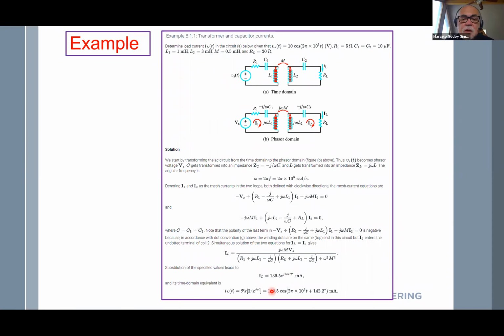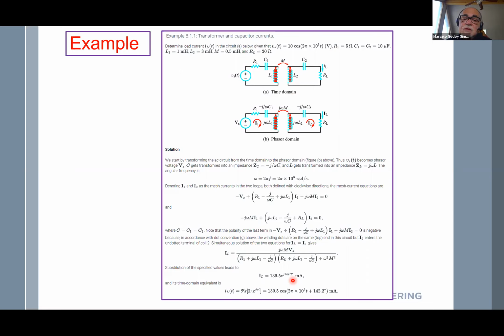Okay. So from here I can get the time domain. The time domain we just write in the cosine form because cosine is the reference. So I have 139.5 cosine of the same angular speed that we have here. And then I take the phase shift and I put it there. So from the polar form, we easily write the time domain in cosine.